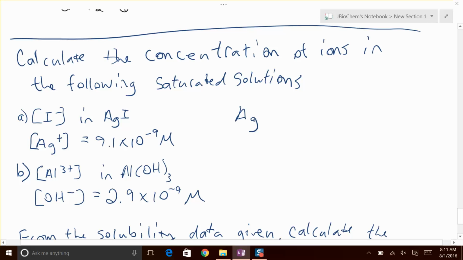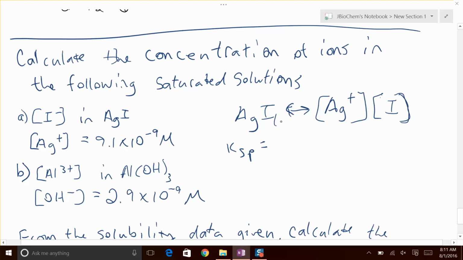AgI dissociates in equilibrium into Ag+ and I minus. KSP equals products over reactants. This is solid, so we don't include it. All we do is include the products. KSP equals the concentration of Ag+ times the concentration of I minus. Okay?